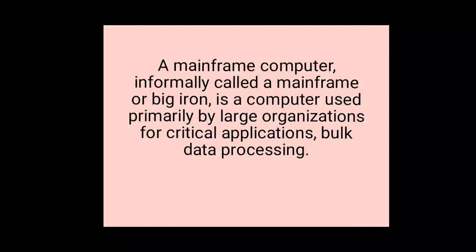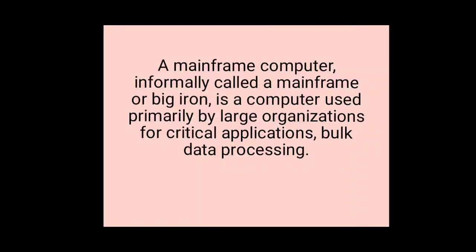Here you can see a small explanation about mainframe computers. A mainframe, informally called big iron, is a computer used by large organizations for critical situations, critical large amounts of data and bulk data processing. This type of computer is mainly used even nowadays.